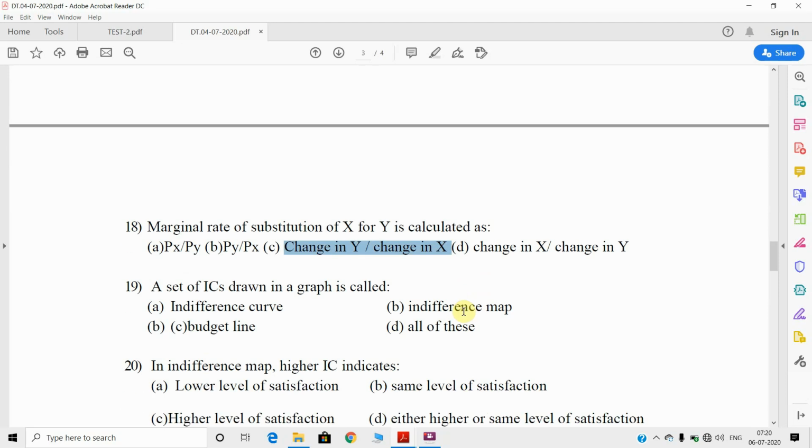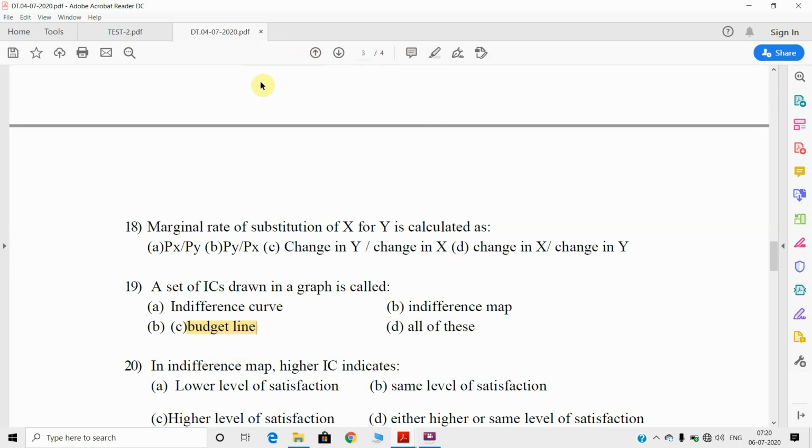19. A set of ICs drawn in a graph is called. Your answer will be budget line, C. That question is actually wrong.